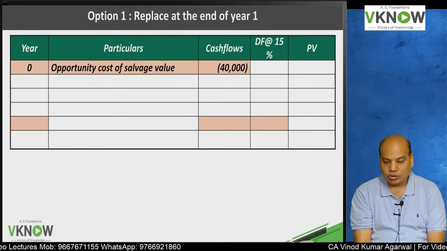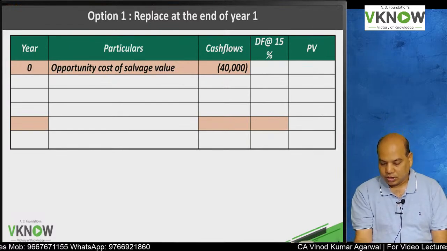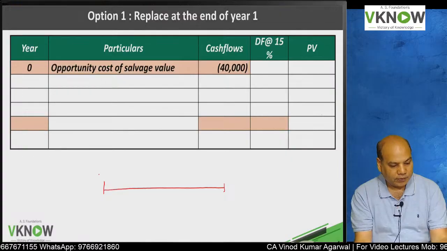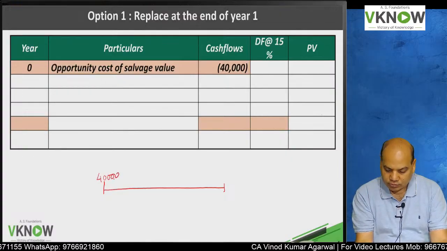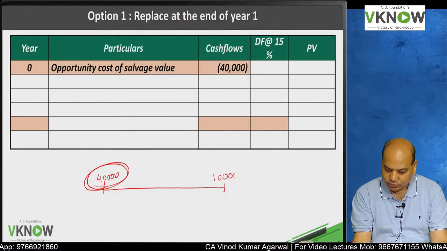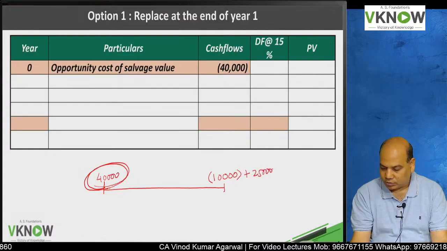So if you are going to compute EAC of the old machine, treat it as if you have to spend 40,000 rupees today, which is the opportunity cost of salvage value, and you are going to use it for 1 year. You will have to incur maintenance 10,000, but you will get scrap value.